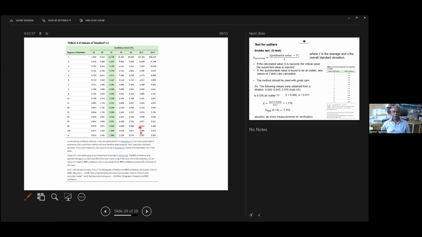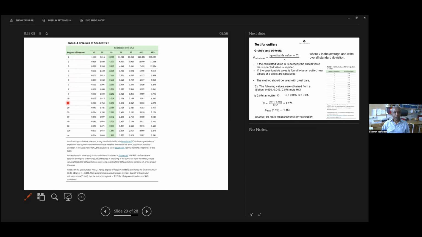This is a student's t distribution. Let's say that if we have 10 measurements, then the degrees of freedom will be 10 minus 1, because most often we calculate the average, and then we lose 1 degree of freedom, so 9. Now, this table is already in degrees of freedom, so you don't need to subtract. In some tables it's the number of measurements, but here it's degrees of freedom, so the 1 is already subtracted.